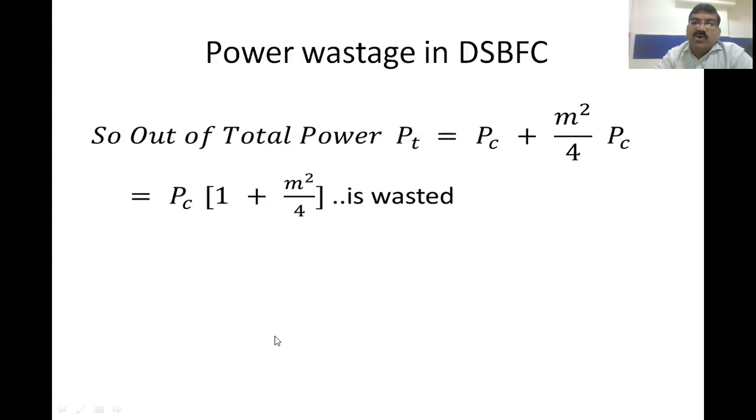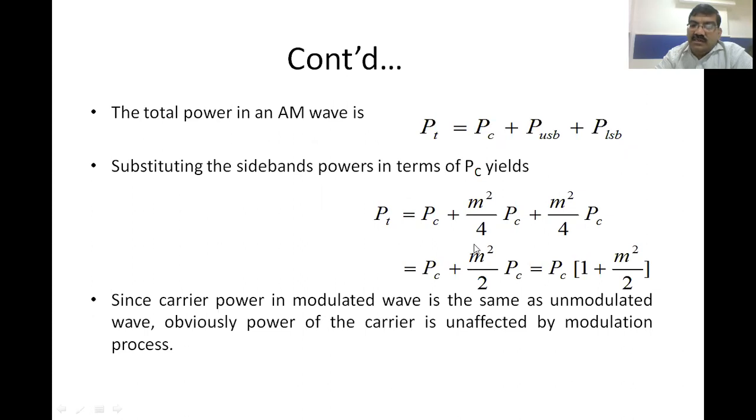Now we will go for the power wasted in the double sideband full carrier. In the double sideband full carrier, this much power you are transmitting, that is the total power that we see here. What is required is only m square by 4 PC, that is only one sideband.